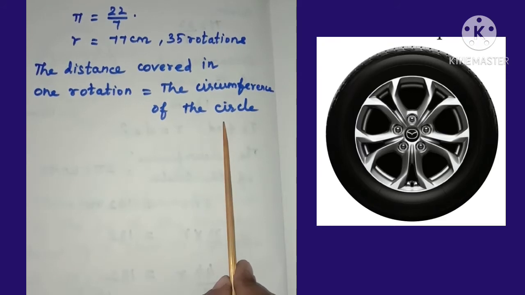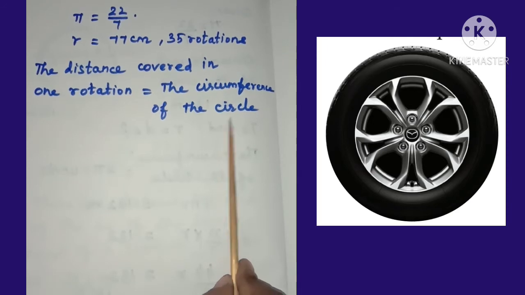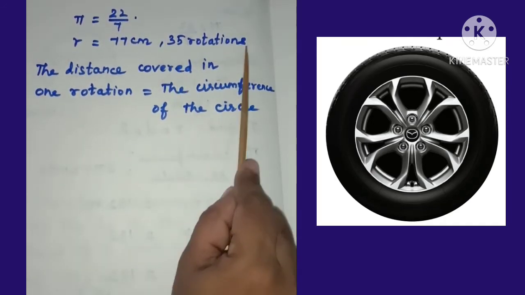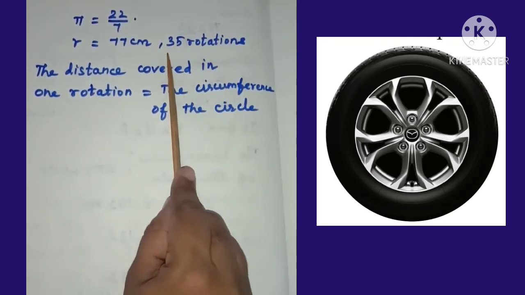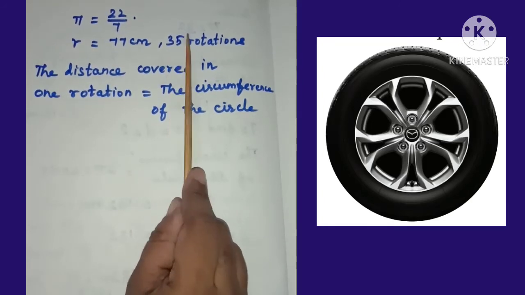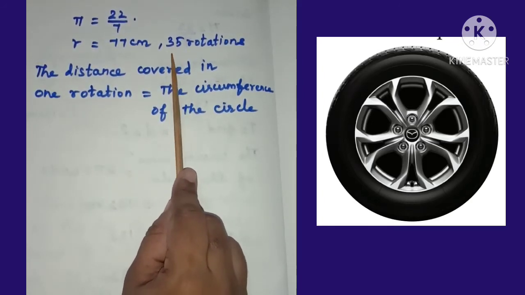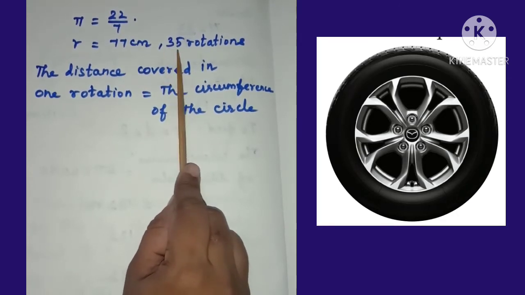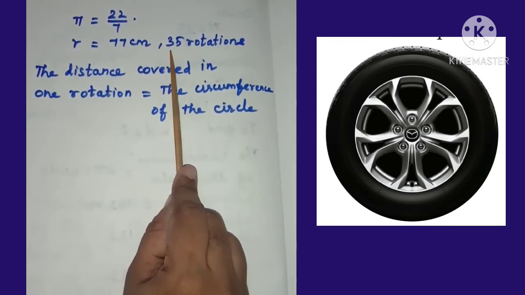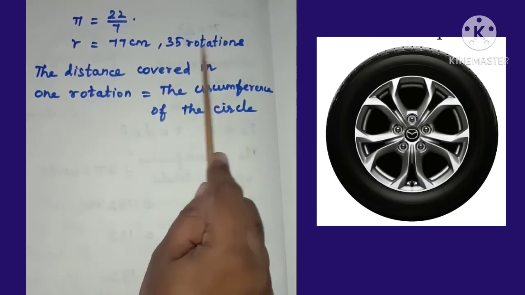So first we have to find the circumference of the circle. It means that the distance covered in one rotation. After that we have to find for 35 rotations. That is, we have to multiply the distance covered in one rotation with 35. We get the distance covered in 35 rotations.